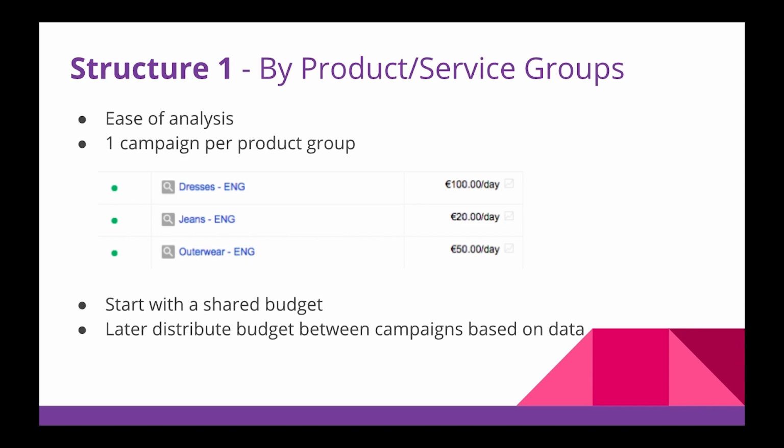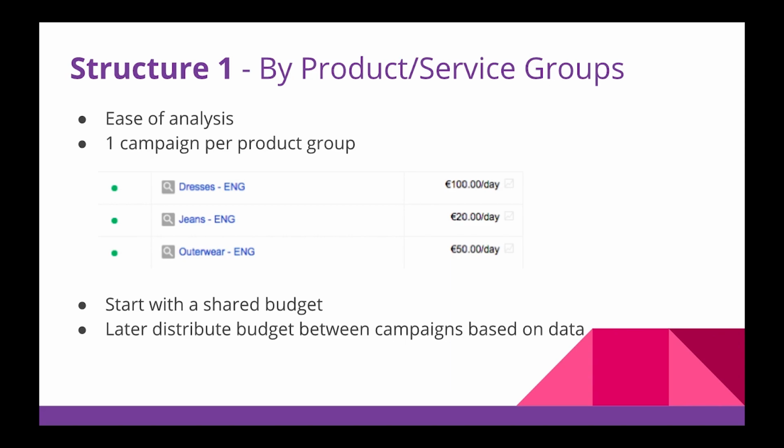And this structure allows you to set different settings for different product groups. You may want to allocate a different portion of your budget to each campaign, meaning product group, and even if you want to start off with an equal or shared budget for them all, you can modify the budget's proportions later once you have already gathered some valuable performance data.